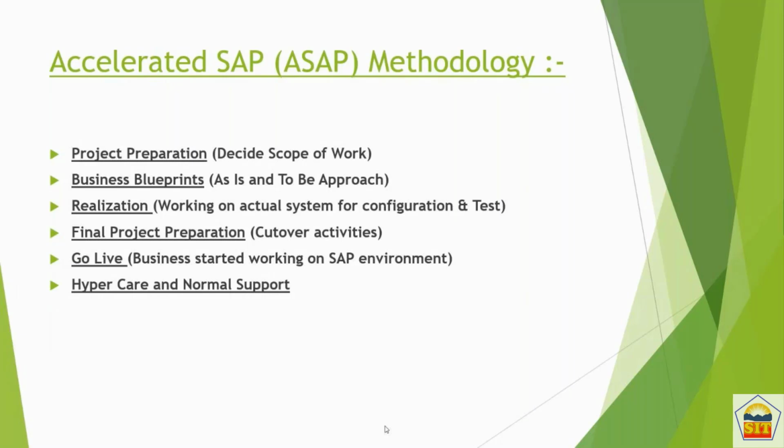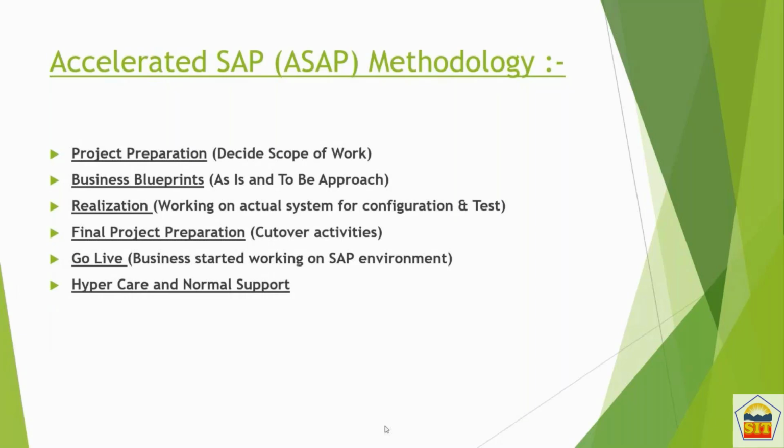So our focus should be only on those 10 legal entities. And also in those 10 legal entities, which functional areas would be part of SAP, that we need to write under the scope. So this is a kind of documentation work.